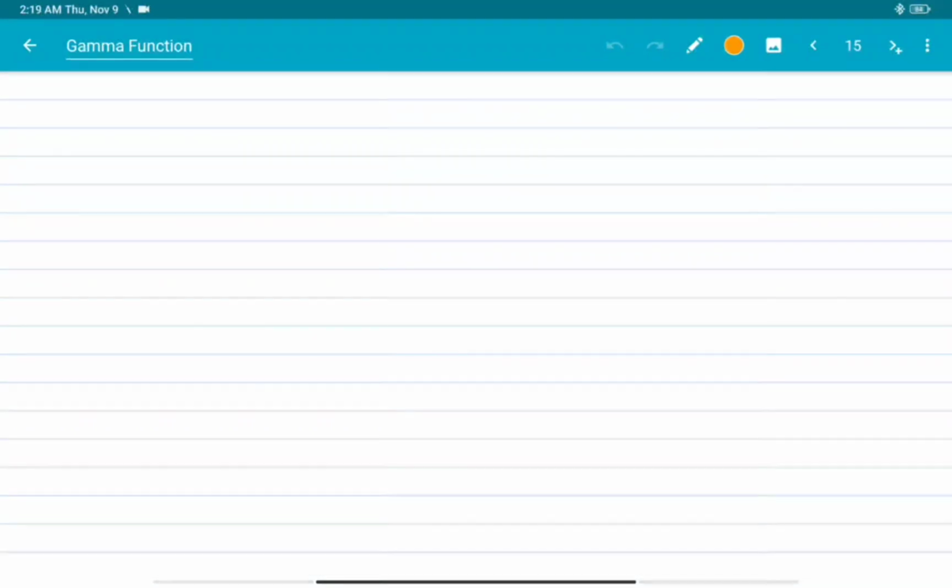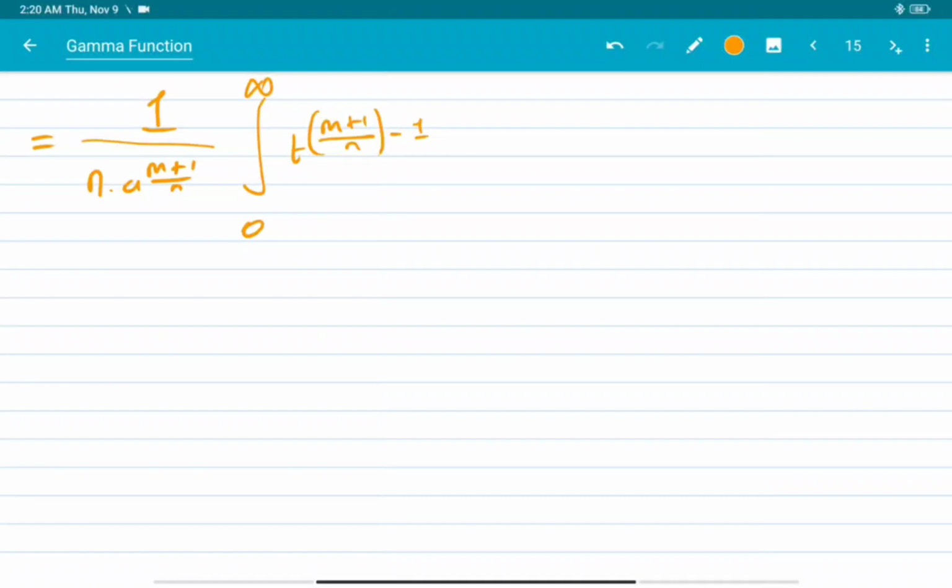So on the next page, we'll write 1 over n times a to the power m plus 1 over n, and this integral from 0 to infinity, t to the power m plus 1 over n minus 1, and this is e to the power minus t dt.